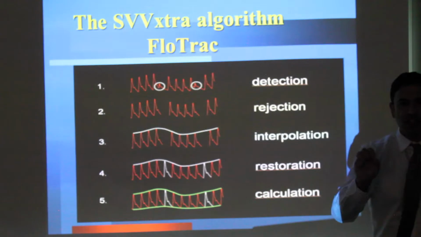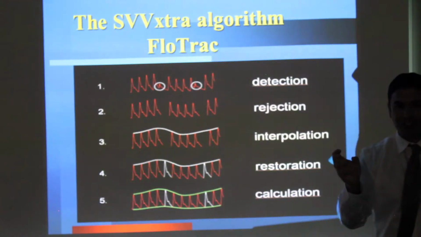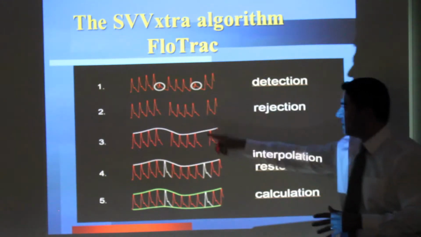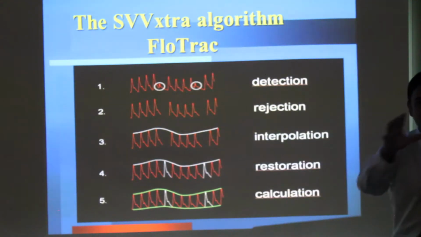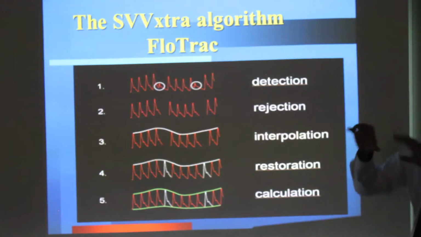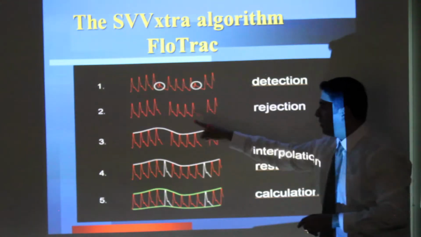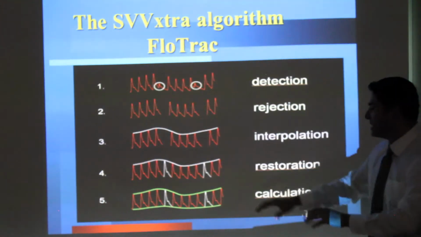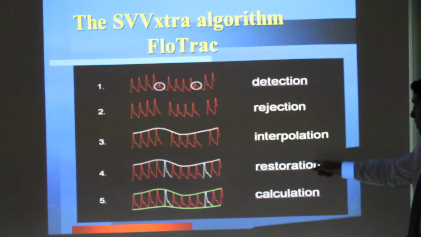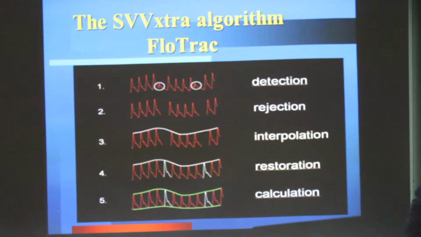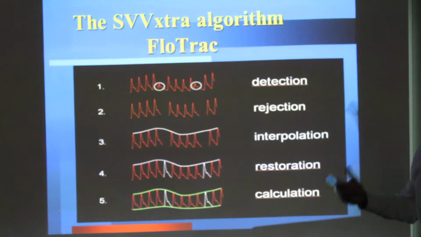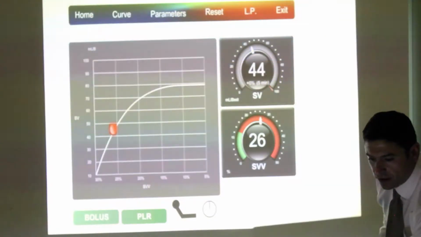Because when patients have a PAC or PVC, the contractility is different, so you might get different numbers. But it has a smart technology that can correct and follow a track. The sensor brings it to the device, and then you get this kind of waveform. It corrects itself if there's a skipped beat: detect, reject, interpolation, restoration, calculation. But it doesn't work in AFib. That's the only part. So PACs, PVCs, okay, but AFib, it does not work.